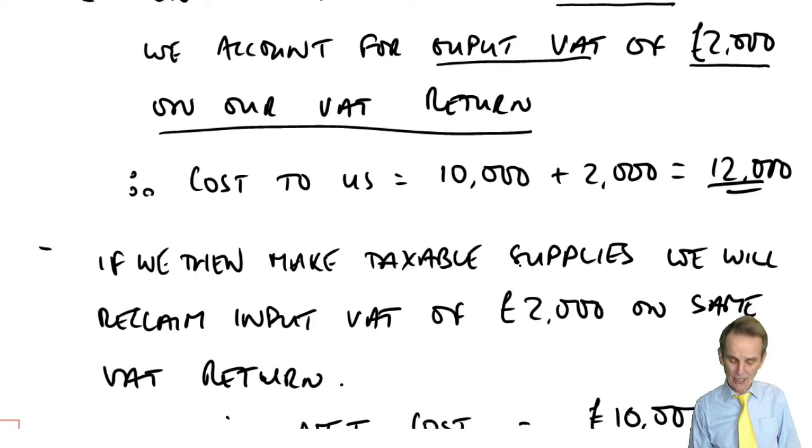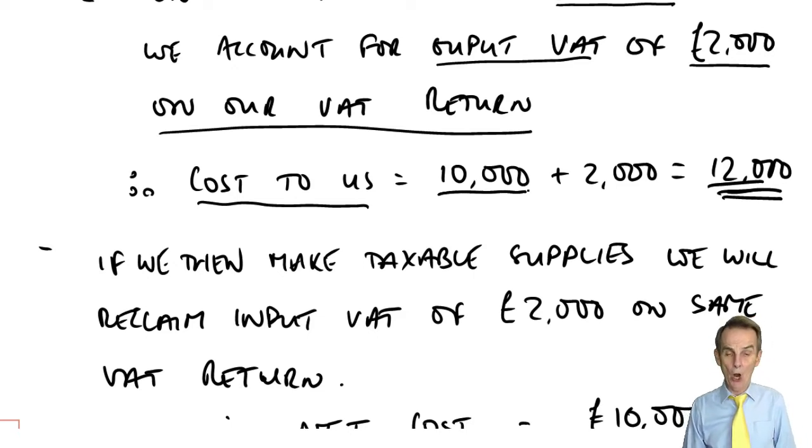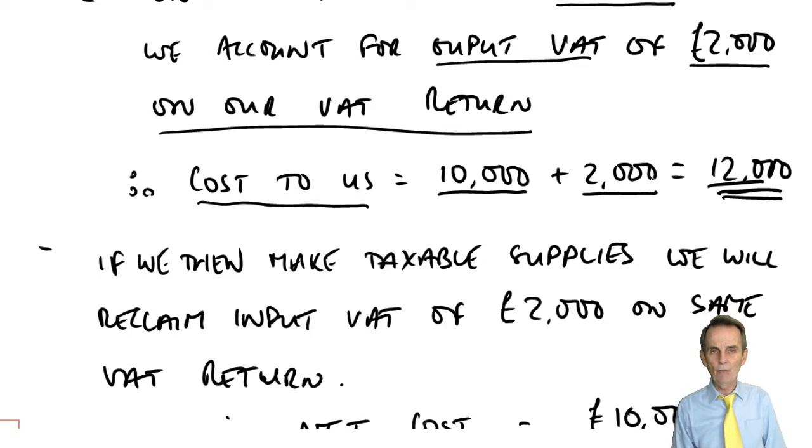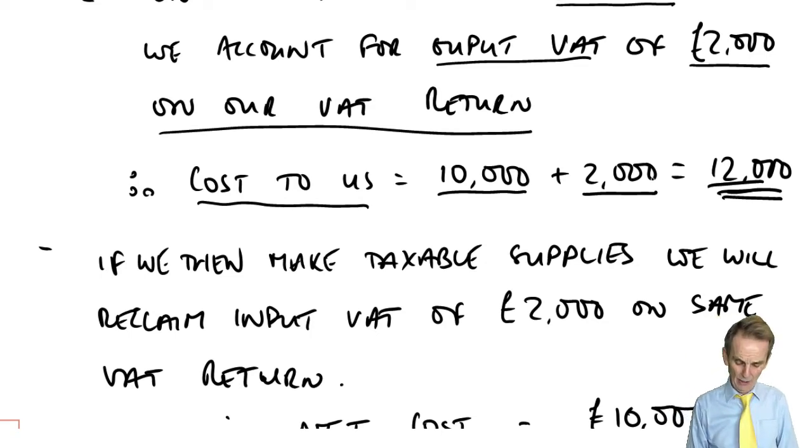So the cost to us of that purchase has now become the same as it would have been if we bought it from the UK supplier, i.e. £12,000. The £10,000 that we paid to the overseas supplier for the sale made to us, plus the £2,000 we have to pay out to HMRC in relation to that import.